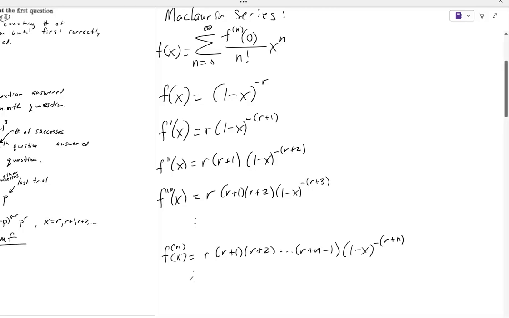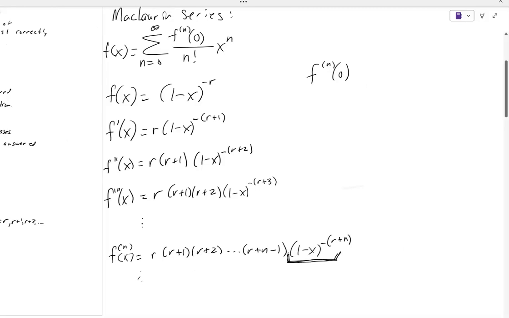Okay. Now remember, when you do your Maclaurin series, I don't use it with the x in here, right? I put 0 in there, correct? So when you do the nth derivative evaluated at 0, what's this part right here going to equal? That'll be a 1, right? Because you'll get 1 minus 0, you get a 1 to a power, right?